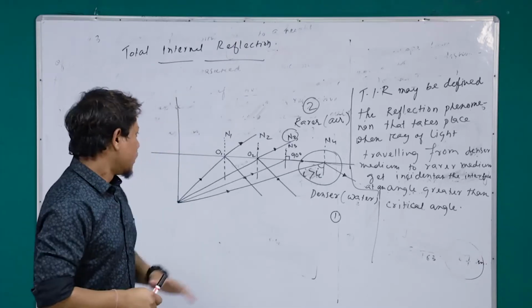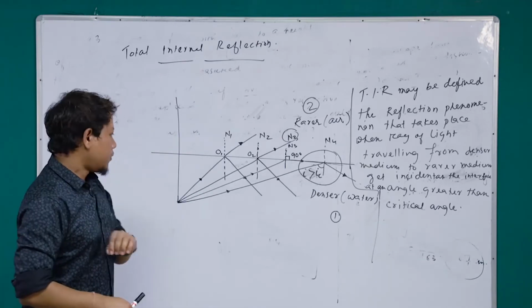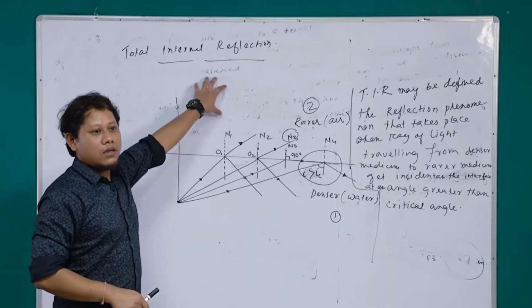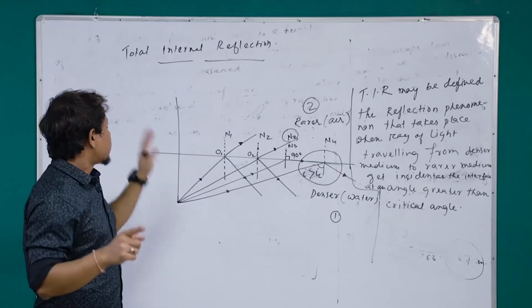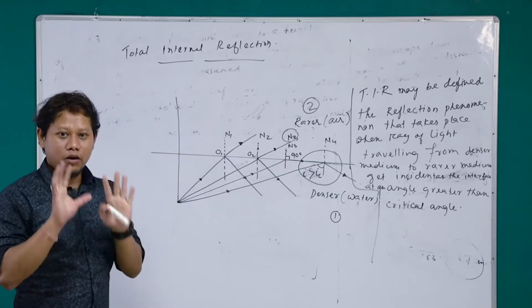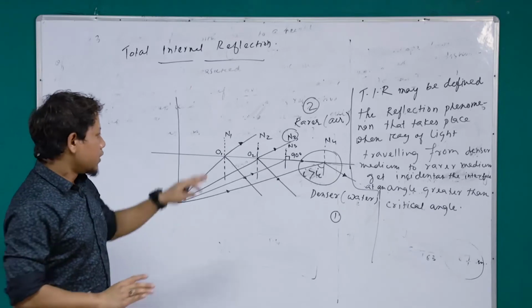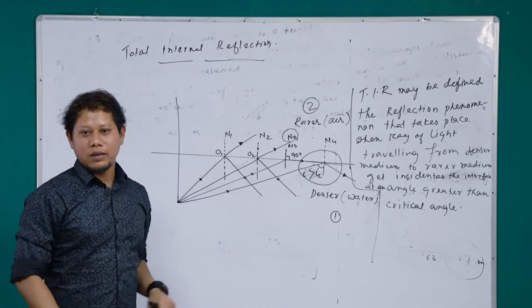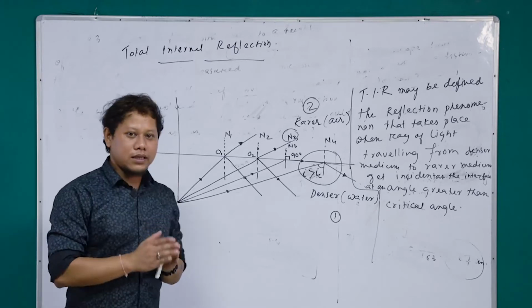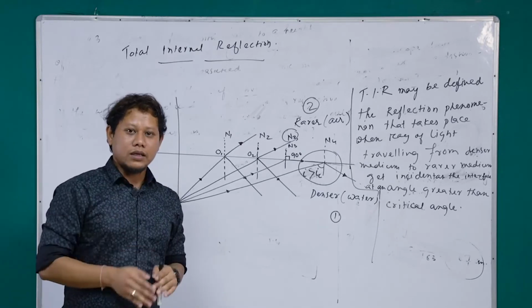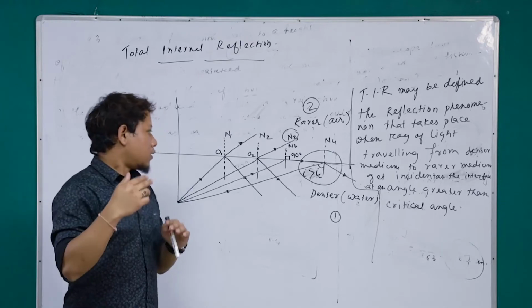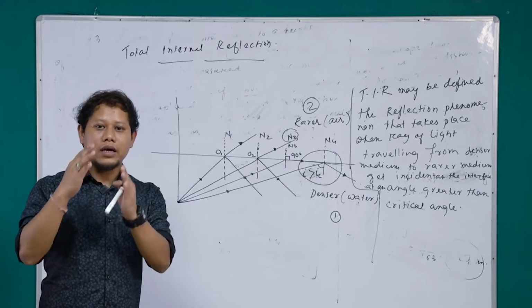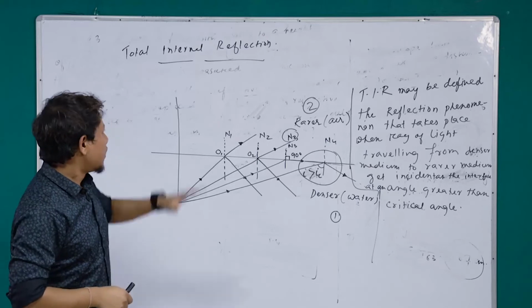First, the ray of light must travel from denser medium to the rarer medium. Next, the angle of incidence of the light must be greater than the critical angle of the pair of media. I hope it's clear.